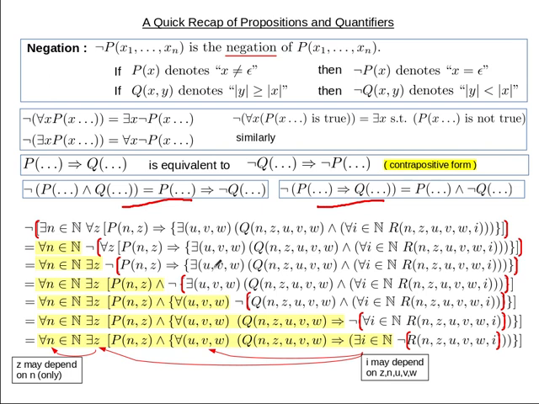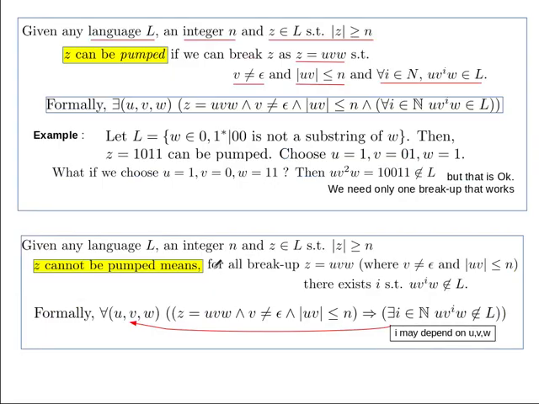So you can blindly do that: interchange the quantifiers, interchange the conjunction and implication, and keep on pushing this negation inside. Okay. Enough of this recap.